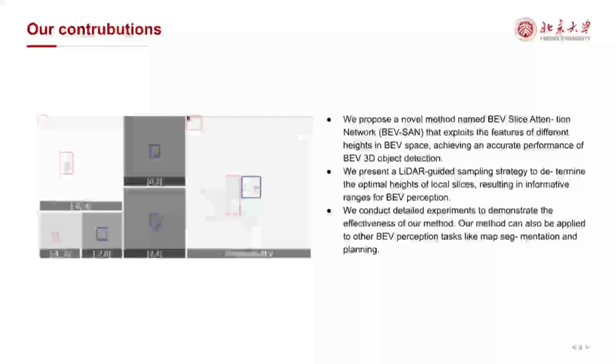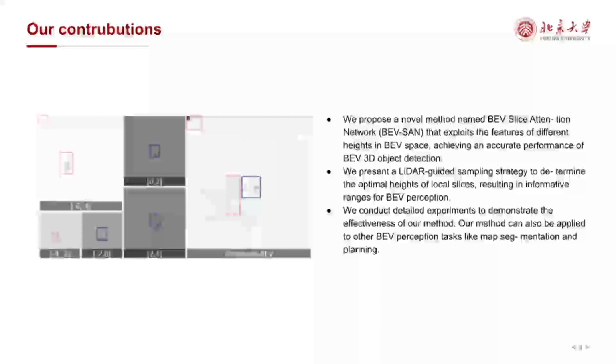The method is evaluated through experiments and found to be effective in accurately detecting 3D objects in BEV space and determining optimal height ranges for informative BEV perception. The proposed method has potential applications in map segmentation and planning tasks. The method offers a significant contribution to the field of BEV 3D object detection and has the potential for future research and development.